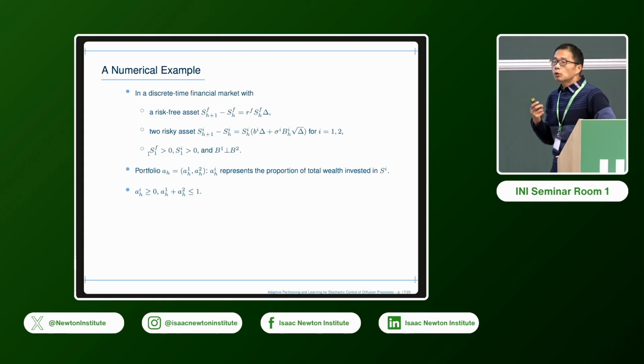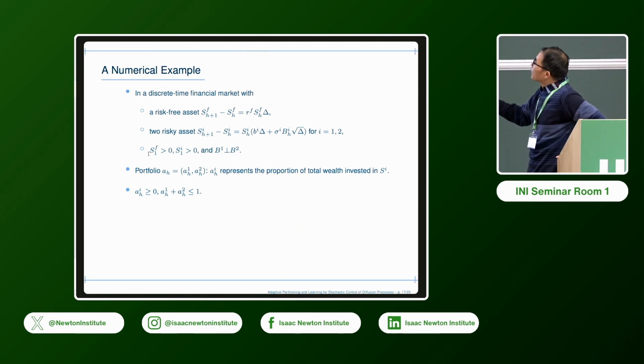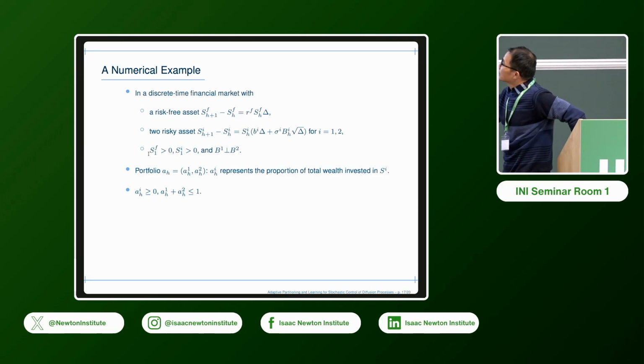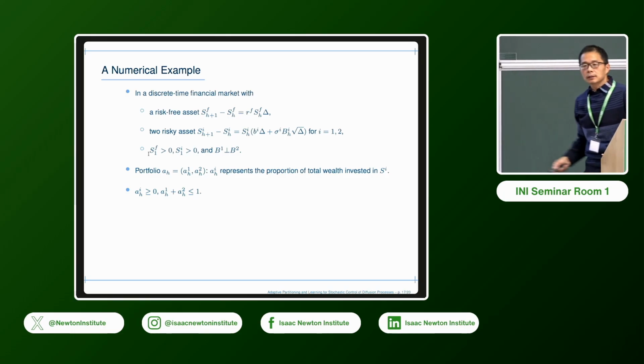We use the so-called proportional portfolio, A1, A2, which represents the proportion of total wealth in the two risky assets. We don't allow short selling, and we don't allow borrowing. So this action, this portfolio, stays in the simplex.